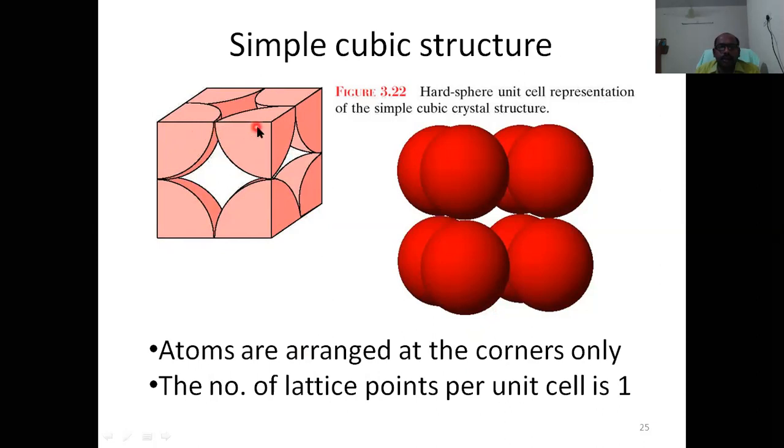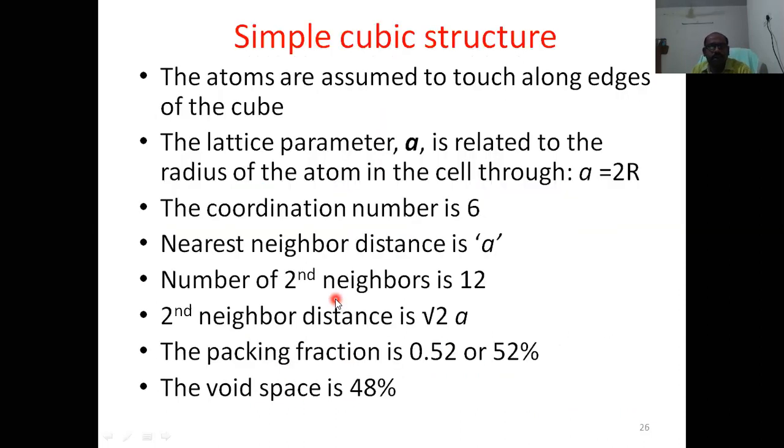The contribution of one lattice point to the unit cell is 1 by 8, and there are 8 such lattice points, so the total number of lattice points per unit cell is 8 into 1 by 8, which gives 1.